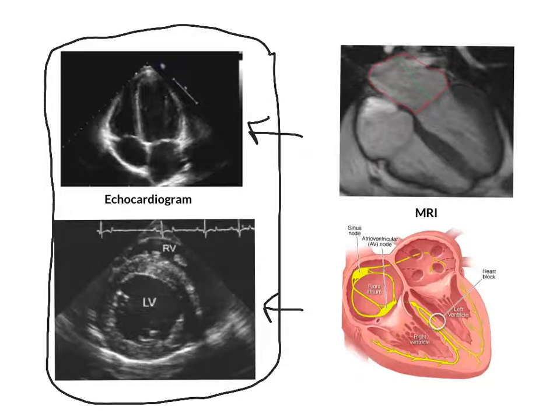And it also is a good way to look at the overall function of the ventricle, which I should change colors, but here's the left ventricle, cutting it like through the chest from the left shoulder to the right hip. So if you were to take a kind of a big slice out of a person and put it on that angle, that's what you'd see, is that short axis view of the left ventricle.